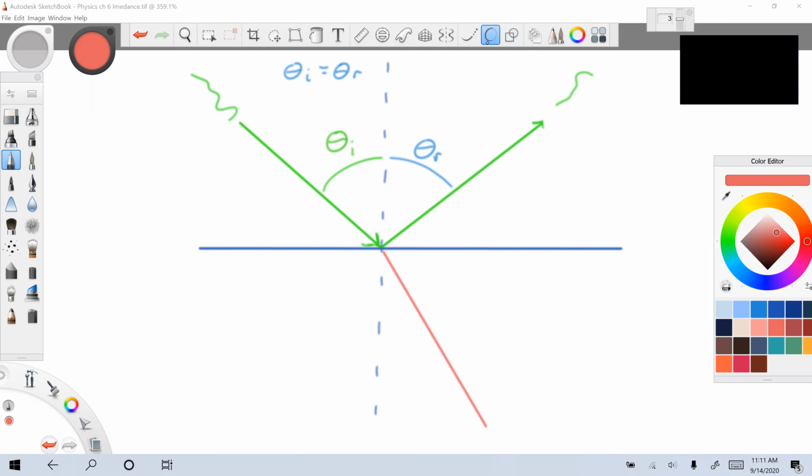Have an angle coming down like that. Or I could have a transmission angle that does more like this. First of all, let's use a different color. Yellow.